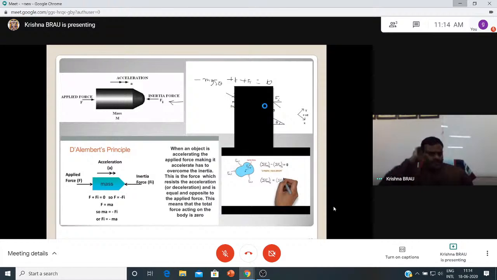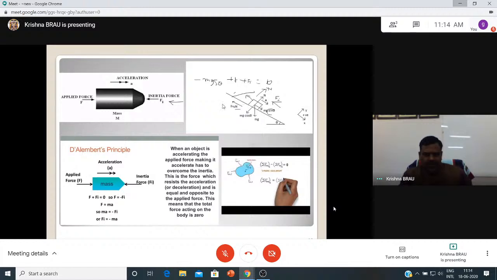Suppose you consider here, this inertia force is acting in the opposite direction.